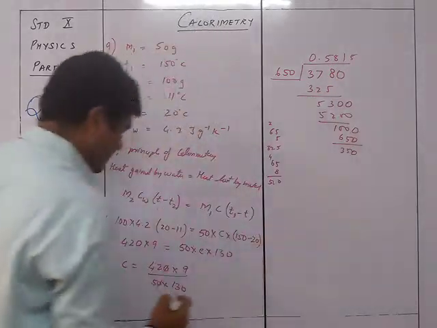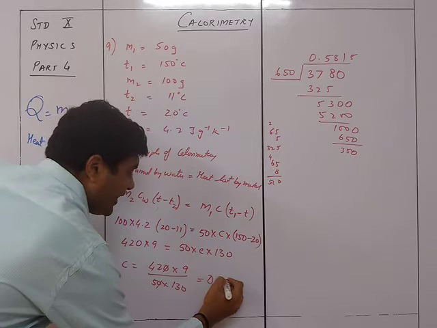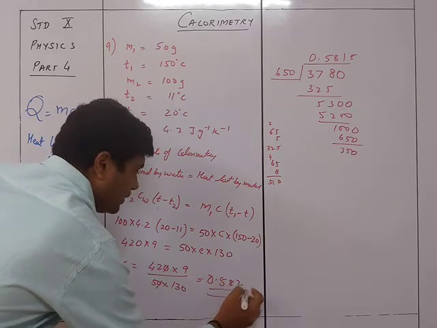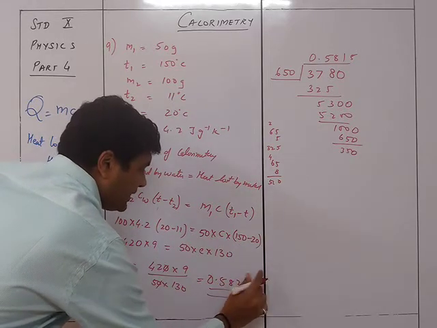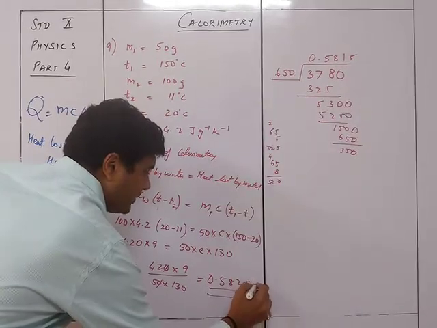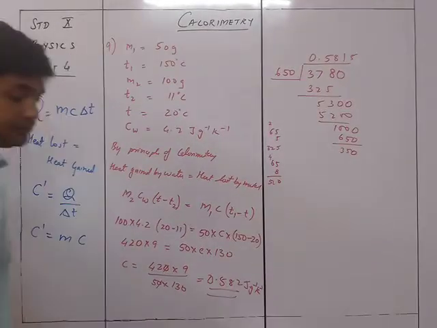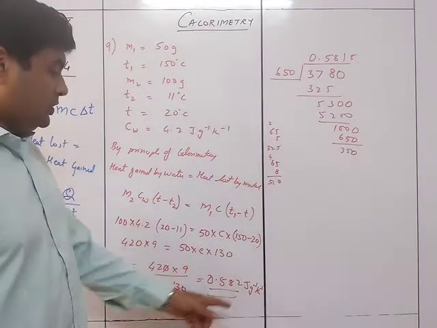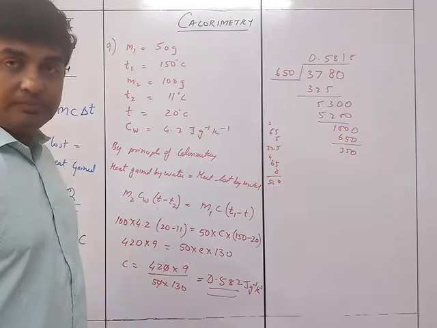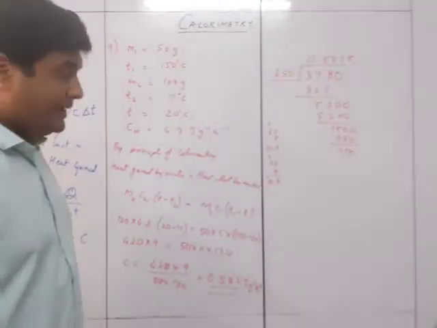Therefore it will be equal to 0.582 joule per gram per Kelvin. That will be the answer for sum number 9.